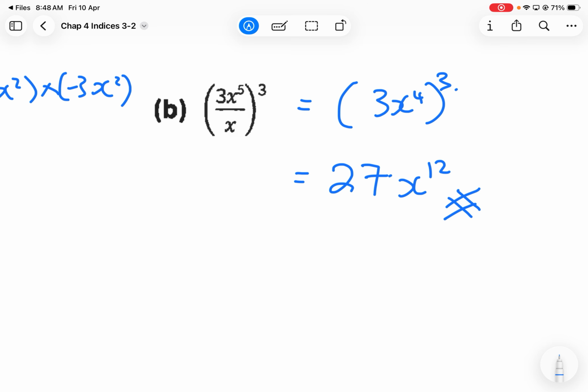I cannot multiply this 4 with the 3, because x to the power of 4 is actually 3 times x times x times x times x. There is no 4 for me to multiply with the 3. This 4 means the x is multiplied by itself 4 times.